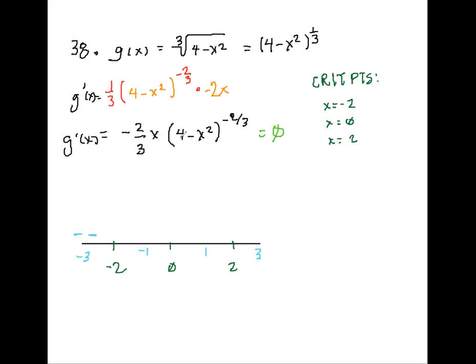And then I'm going to have 4 minus 9 to the minus 2/3. What does that mean? So that is going to be 4 minus 9, which is going to be a negative number. It's going to be minus 5 to the minus 2/3.